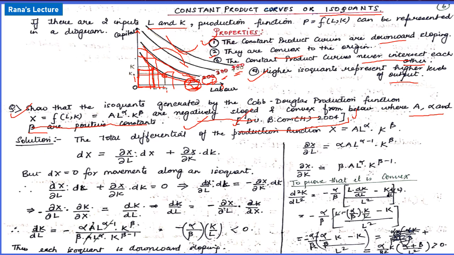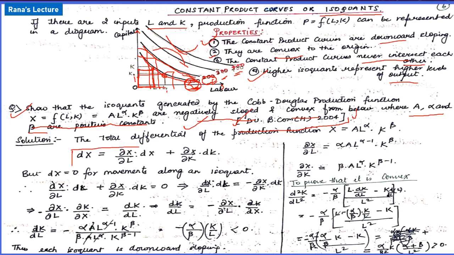Suppose we find out delta x by delta L, that will give us the marginal productivity of labor. If we find out delta x by delta K, that will give us the marginal productivity of capital. So we do not have to prove that MPL or MPK is negative. But rather, what we have to prove?